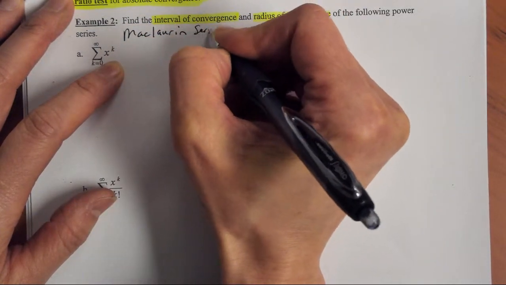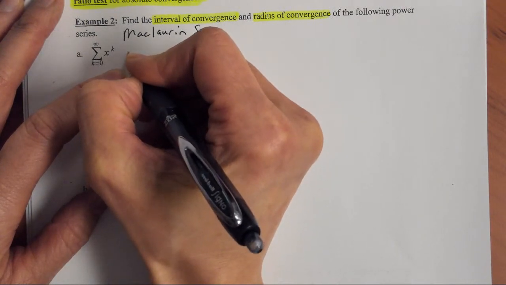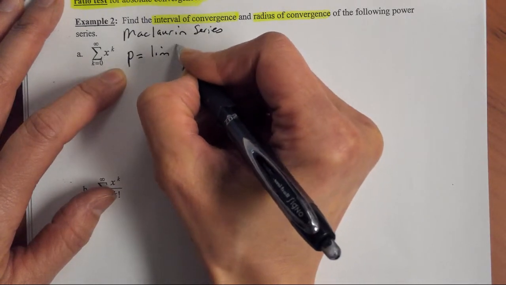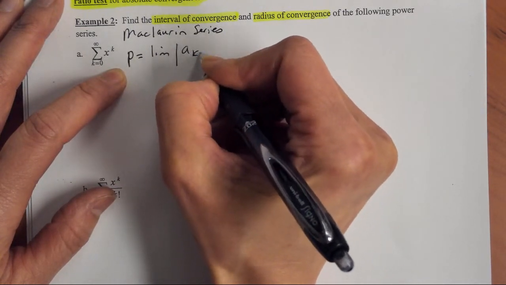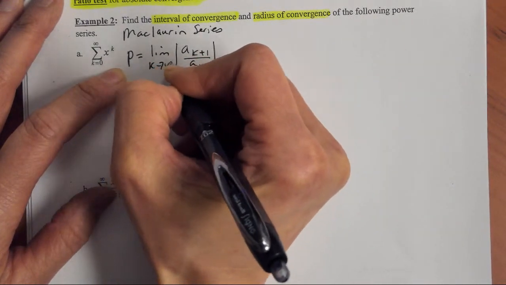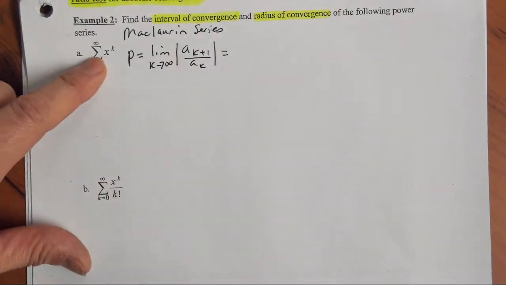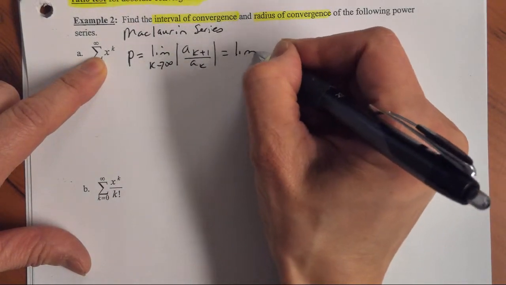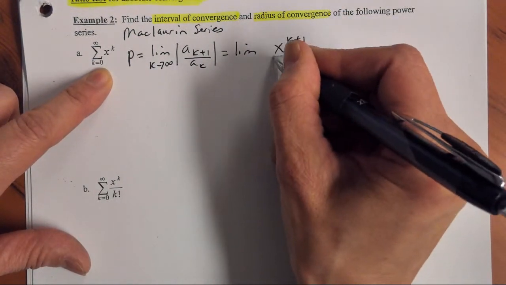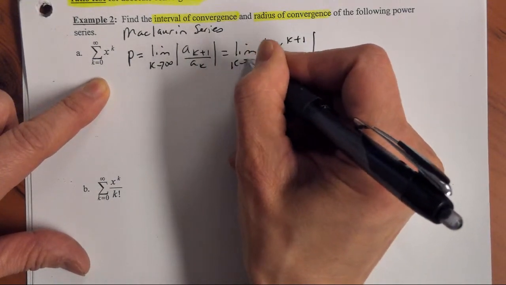So this is a Maclaurin series. So I'm going to write out my ratio test. So it's rho is equal to the limit, and then it's going to be absolute value, a sub k plus 1, all over a sub k, as k goes out to infinity. I always write out the original one first, and now I'm going to start substituting it in. So then that'll give me the limit. So this will be x to the k plus 1 all over x to the k as k goes to infinity.